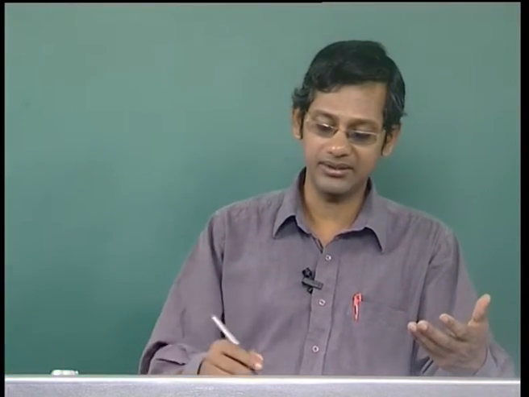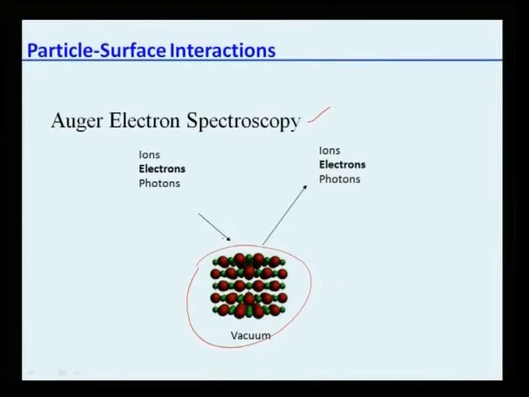And material means atoms, atom means nucleus and the electrons. So when ions, electrons or photons, which are all sources of radiation, fall on the surface of a material, any atom kept inside a vacuum, it can generate ions, electrons and photons.